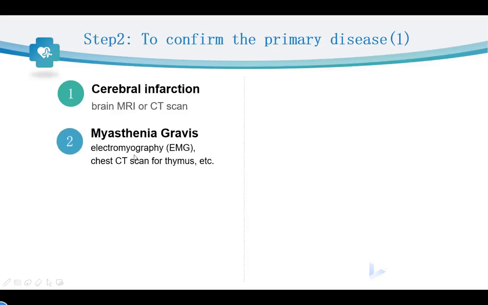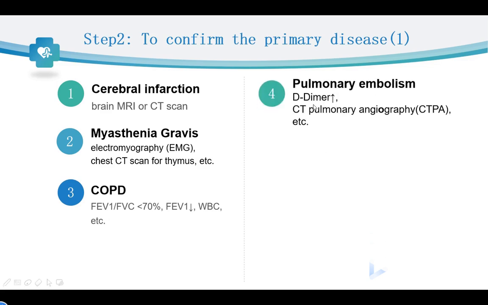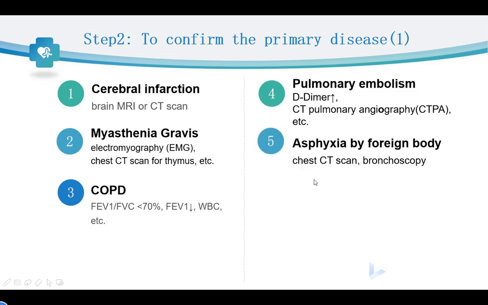The electromyography is required for the patients with a suspicion of the myasthenia gravis, and the spirometer for the COPD, D-dimer and CTPA for the pulmonary embolism, and so on. That's the step 2, to confirm the primary disease for the respiratory failure.